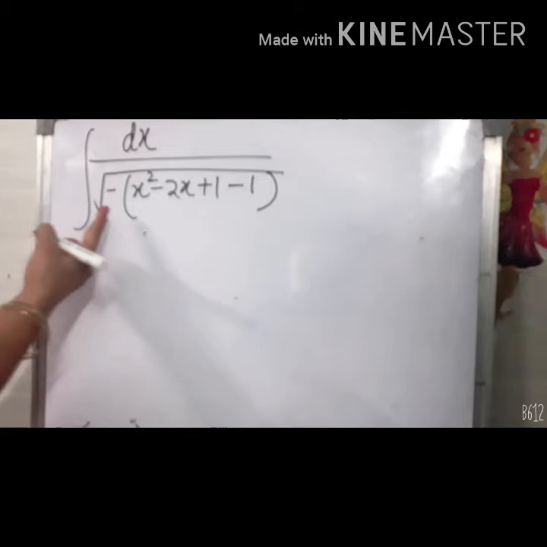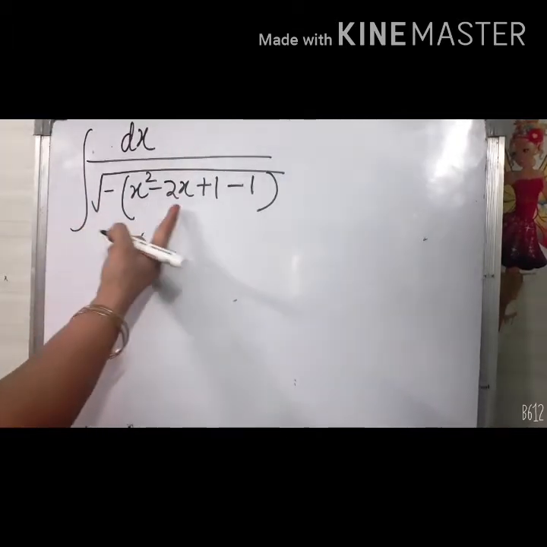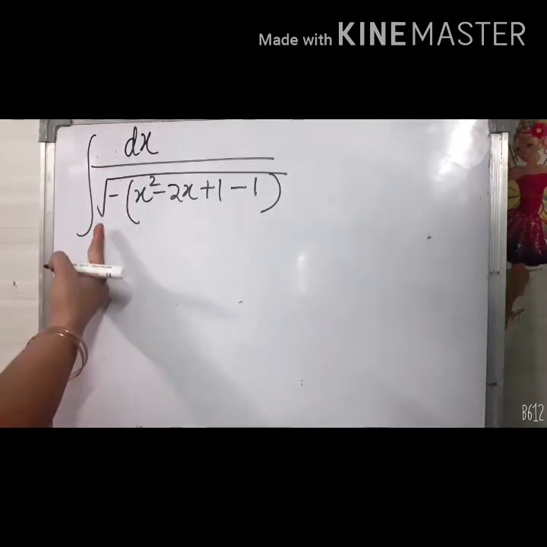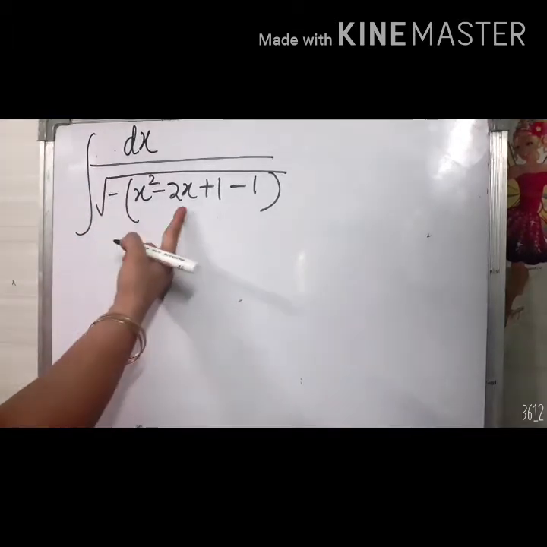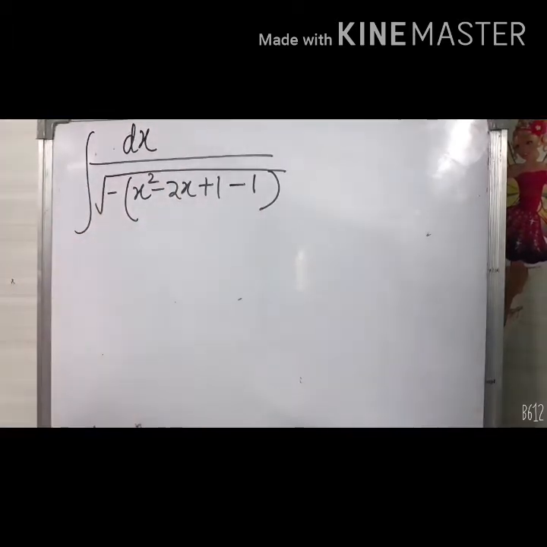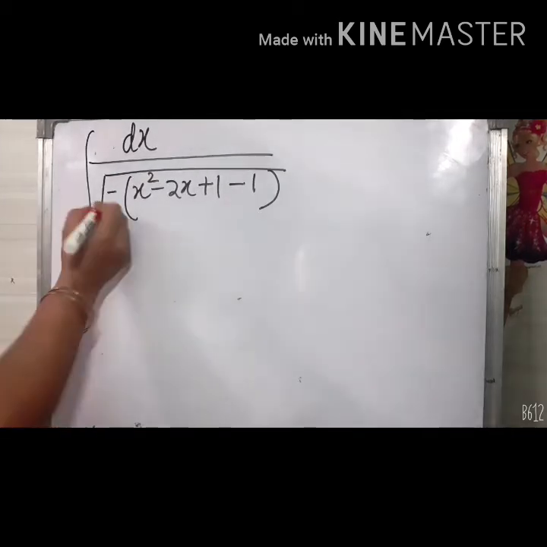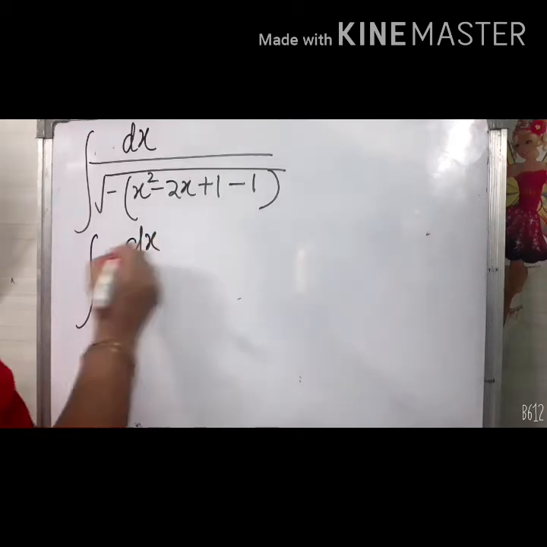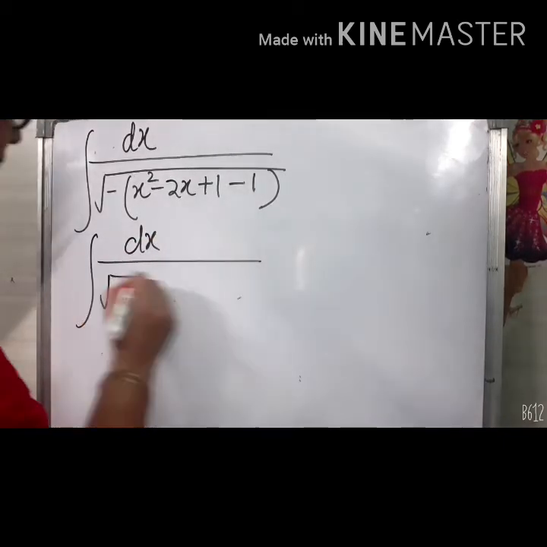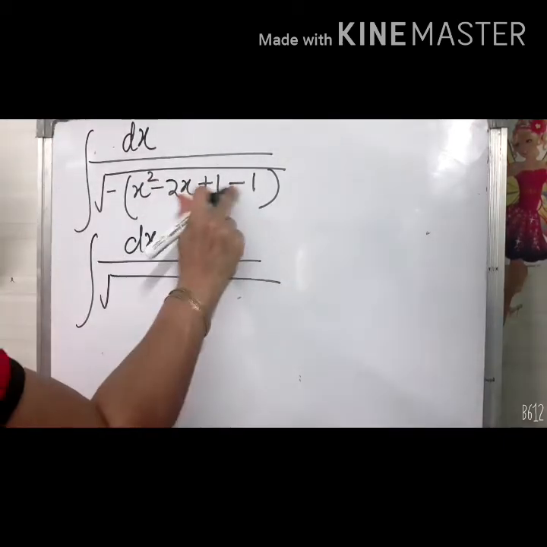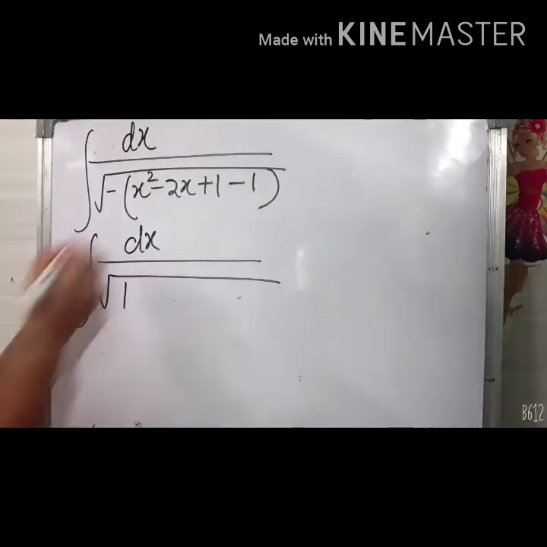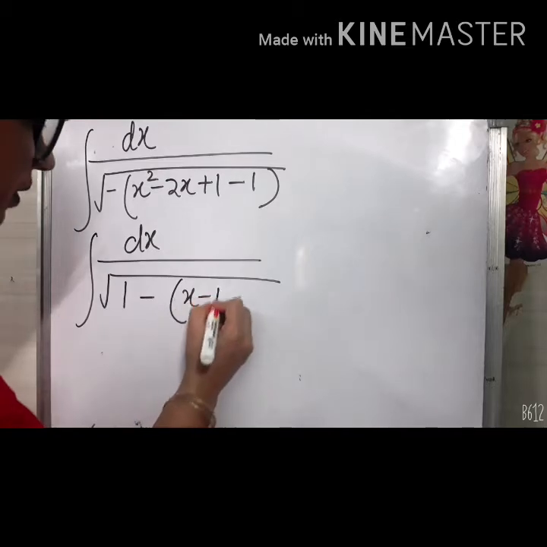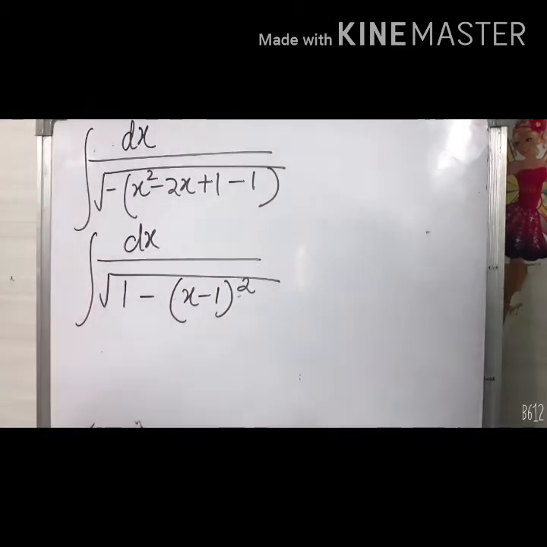Now we got minus of x square minus 2x plus 1, dx by under root of minus of x square minus 2x plus 1 minus 1. Now I will multiply with that minus sign. It becomes like this. See here, minus into this minus is plus, and this whole thing becomes minus. This becomes x minus 1 whole square.